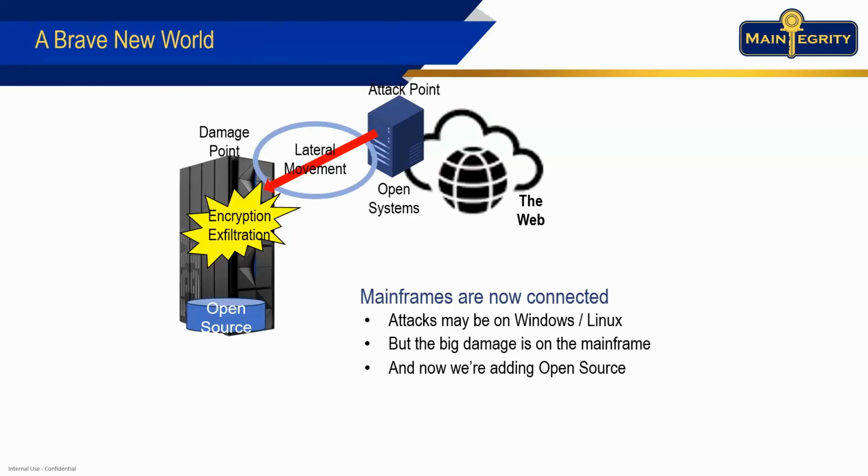So one of the big discussions on the mainframe is how we need to be able to improve the rollout and speed of building systems on the mainframe. And that means we're bringing open source right into the mainframe.